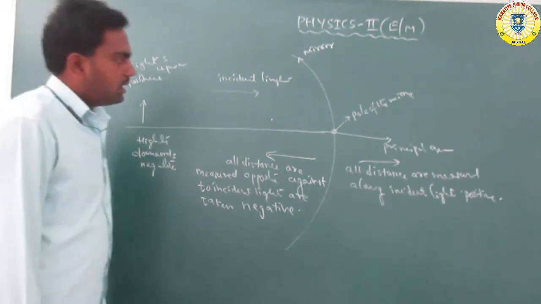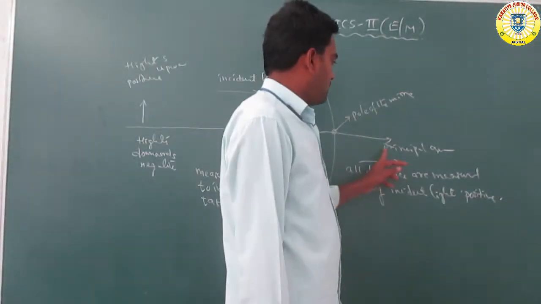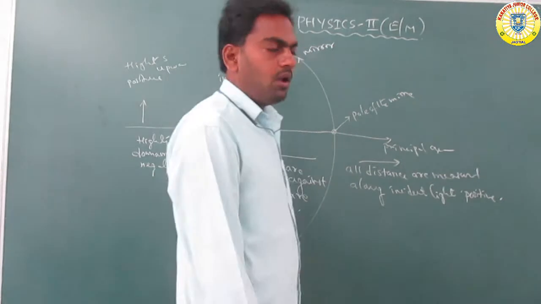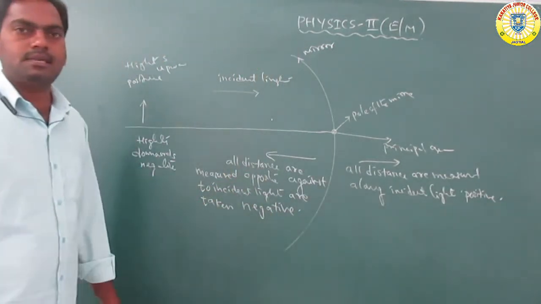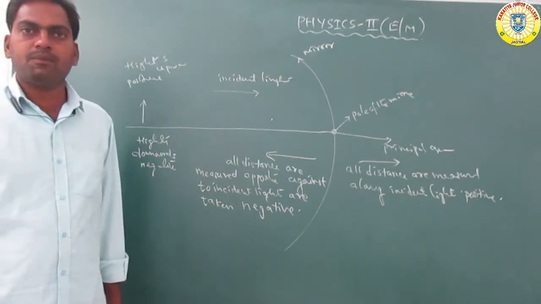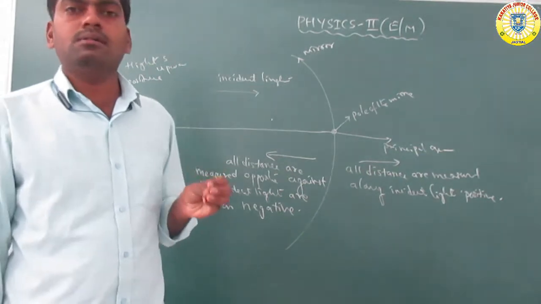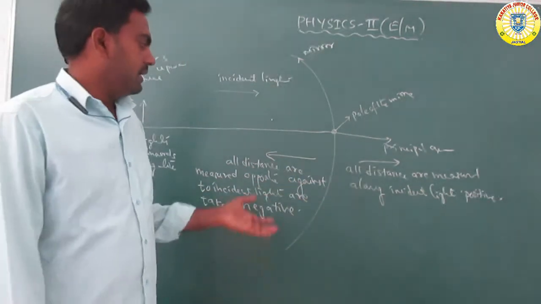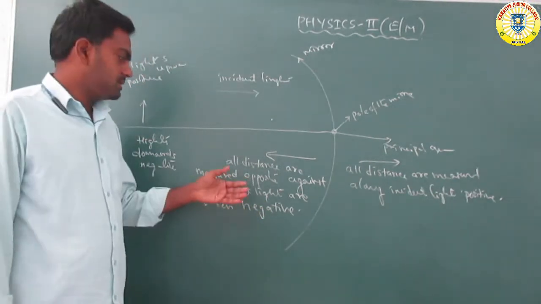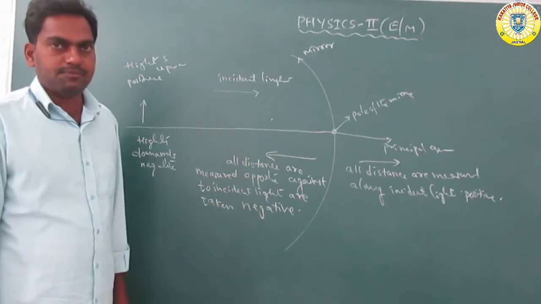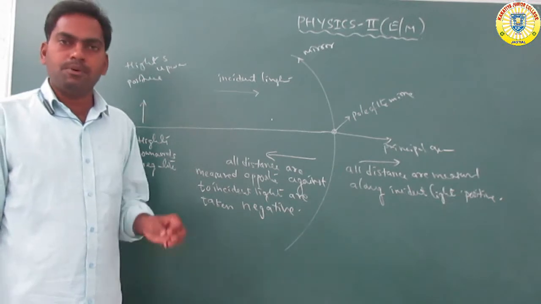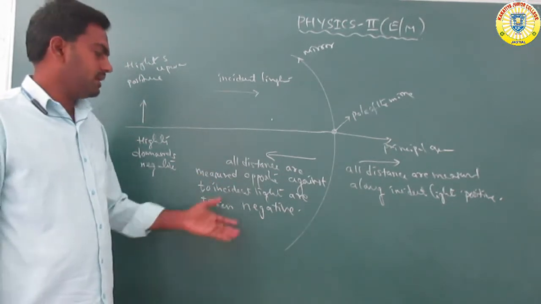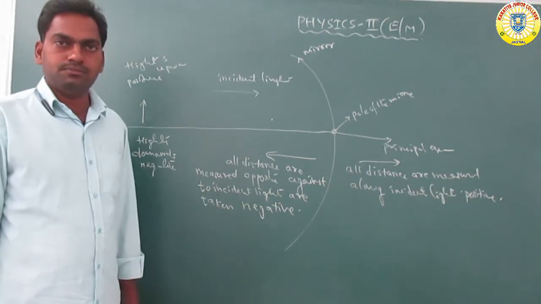All distances measured along the incident light are positive, and those measured opposite or against the incident light are taken as negative.